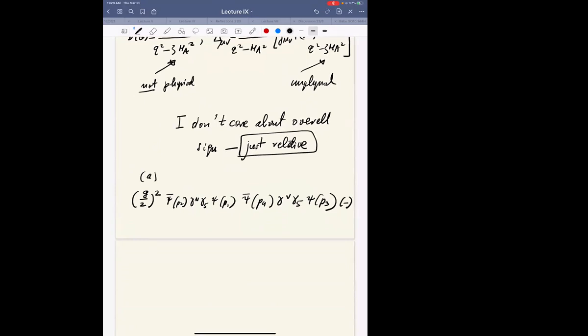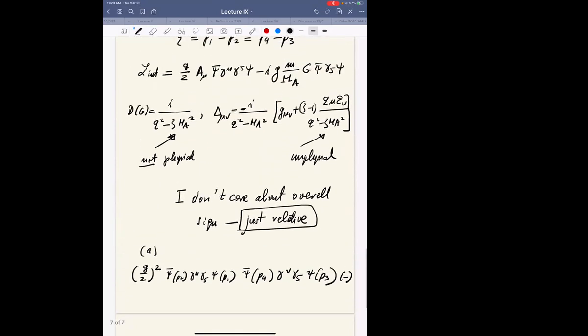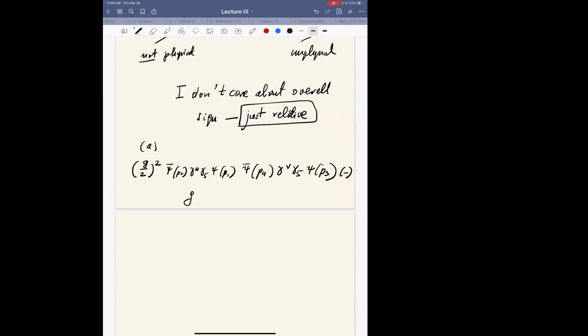And then there is a propagator, which is g_{mu nu} plus (psi minus 1) q_mu q_nu, I want to squeeze it so that it's below the line, q_mu q_nu over q squared minus psi M_A squared.